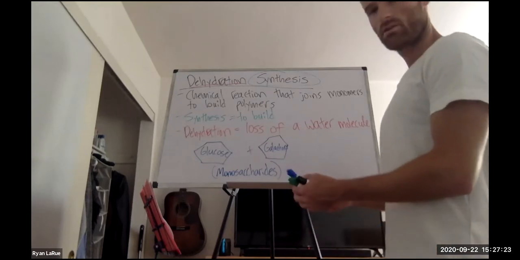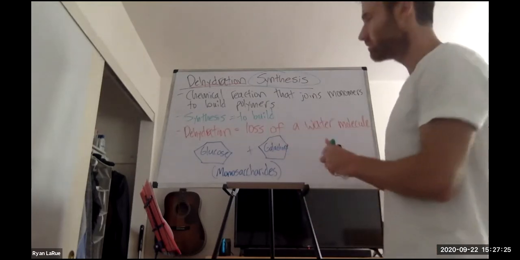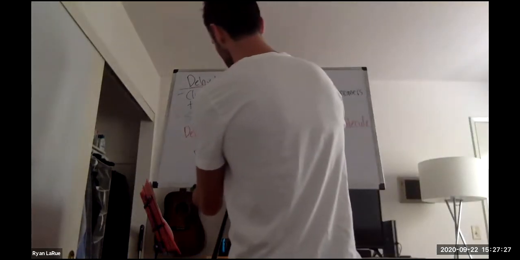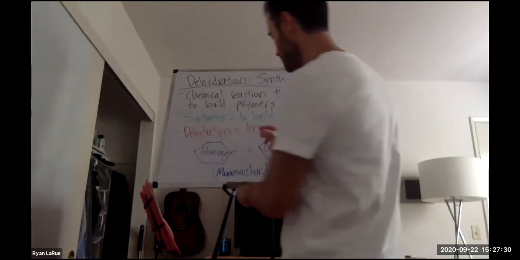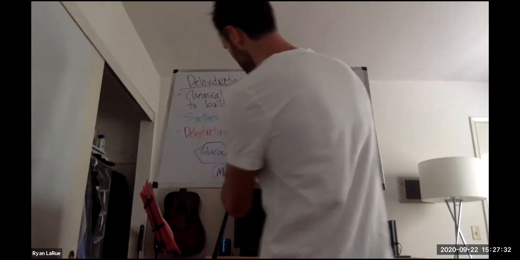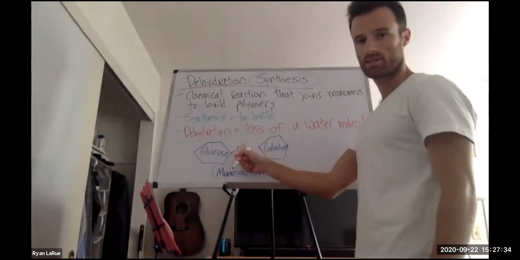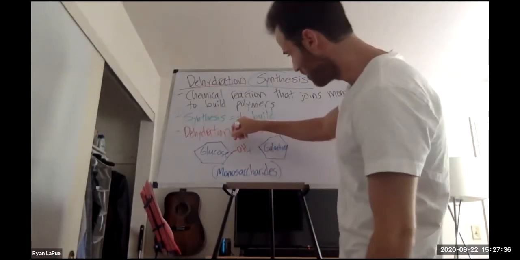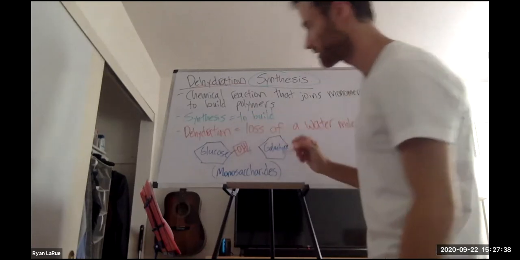Okay, so on one of these molecules, there's going to be a group sticking off of it with an OH, covalently bound to the rest of the molecule. It's this OH group. We call it a hydroxyl group.